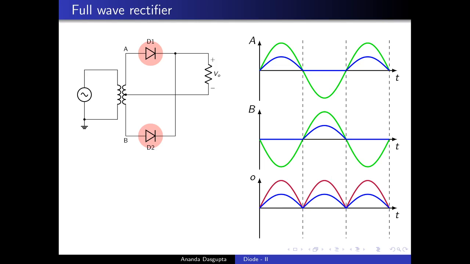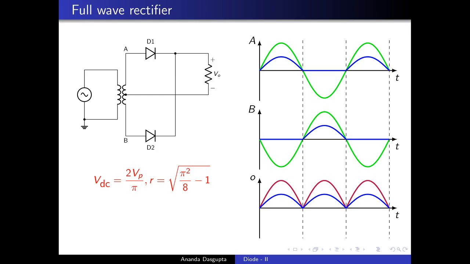And the mathematical properties of an ideal full wave rectifier are rather simple. The DC value is just twice that of the case for the half wave rectifier, simply because in the half wave rectifier, for half of the cycle there was no voltage. Here, there is voltage for both halves of the cycle, so you are going to get twice as much average value as in the half wave case.